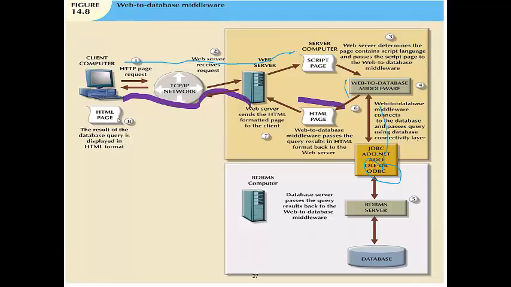This is different from what we were doing on the group cognitive mapping system, where we have a Java applet out here on the client and a Java application as our middleware, both of which we wrote. Here, what we have is a fairly dumb client.